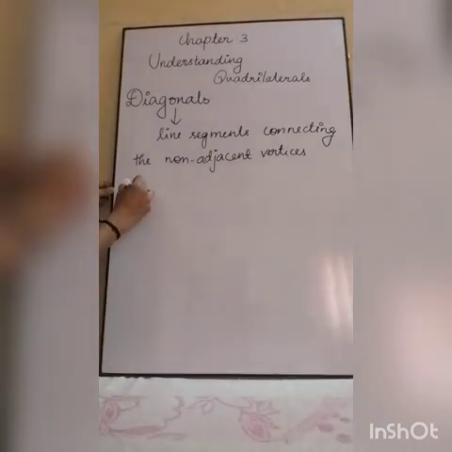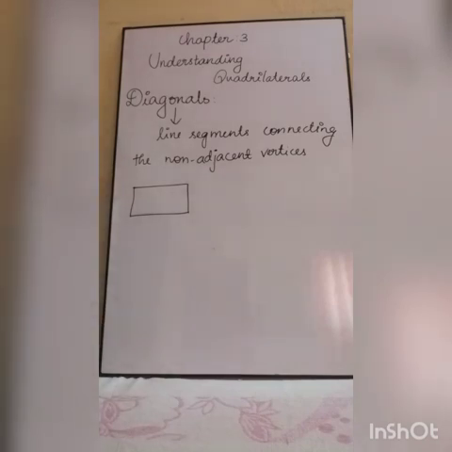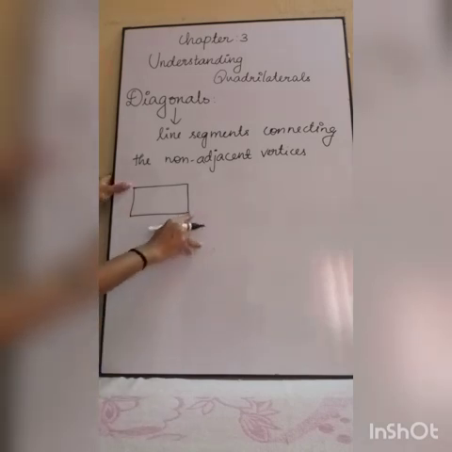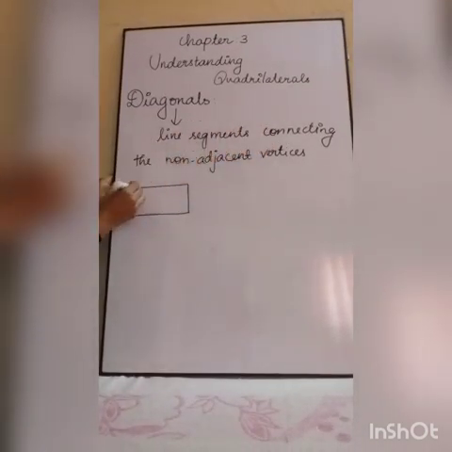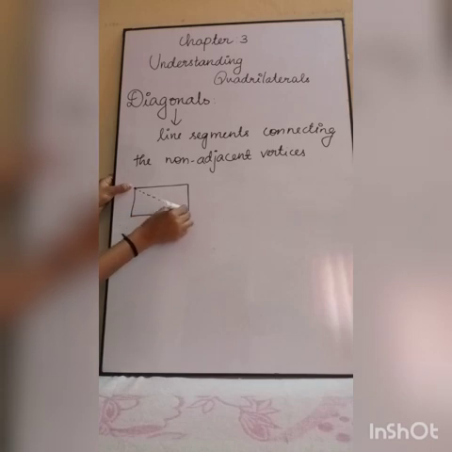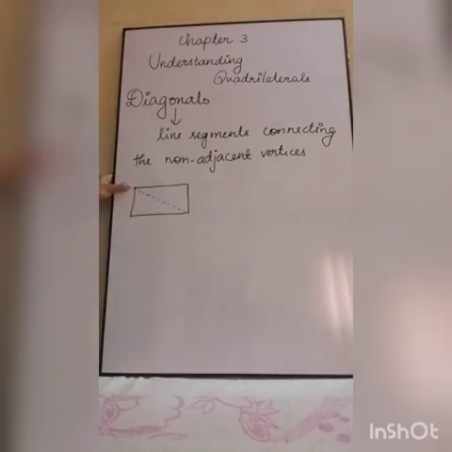So now I will take a rectangle. What do adjacent vertices mean? Near vertices are adjacent. So this vertex and this vertex are adjacent to each other, but this one and this one are non-adjacent. A line segment connecting non-adjacent vertices is called a diagonal.